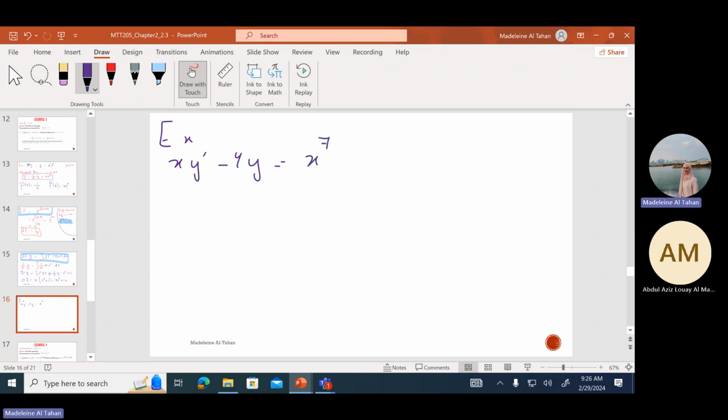Let's use sine, just to train ourselves. Can we start this? I will write some formulas that you may use.